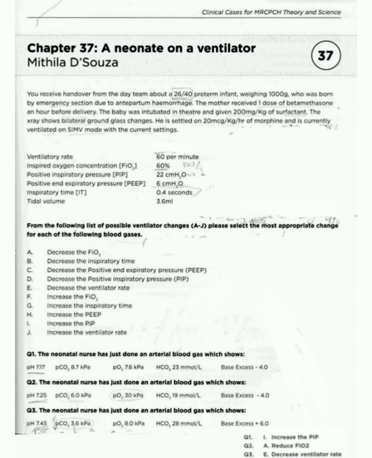Now, question number 2. The neonatal nurse has just done an arterial blood gas which shows pH 7.25, partial pressure of carbon dioxide 6.0 kPa, partial pressure of oxygen 30 kPa, bicarbonate 19 millimole per liter and base excess minus 4.0. First we see that the pH is acidic, and in the next step we look at the partial pressure of oxygen and carbon dioxide.